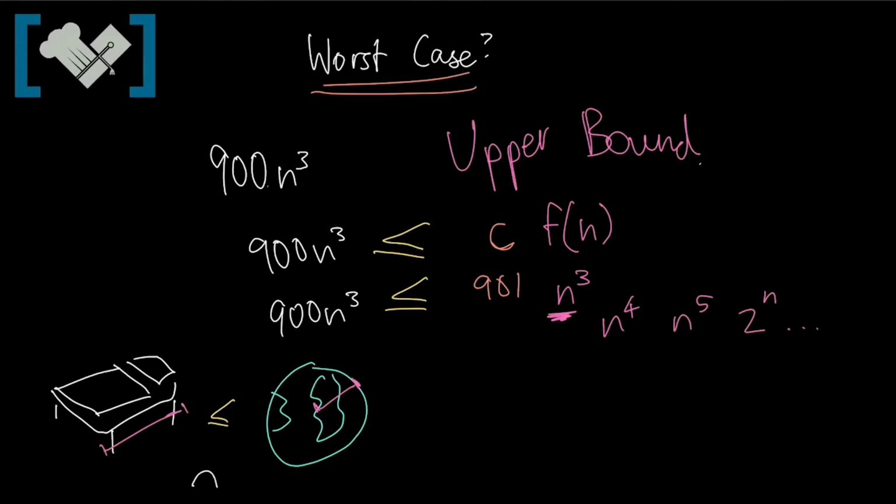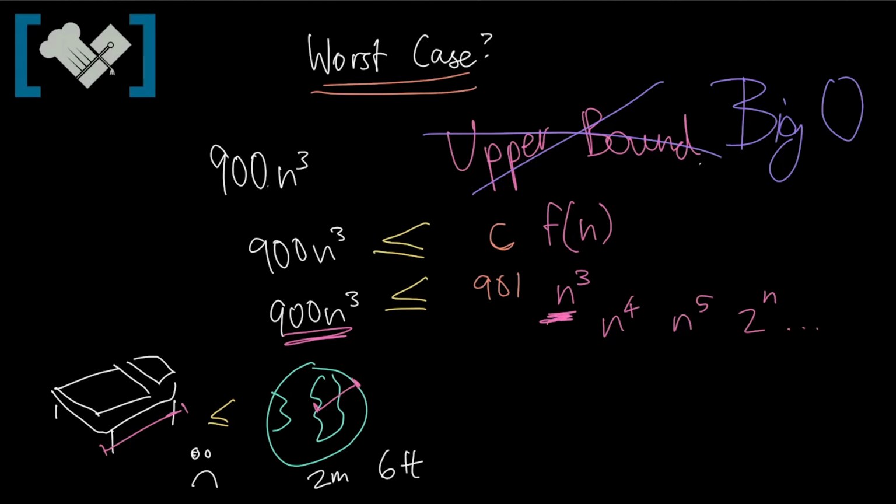After all, it could be as long as a football field and still meet the criteria. It would be a lot more reasonable to say your bed is shorter than 2 meters or 6.5 feet, which is a lot closer in size. The closest function, when multiplied by a constant that works as an upper bound to 900n cubed, is n cubed itself. The programmers wanting to name this upper bound settled on naming it Big O.